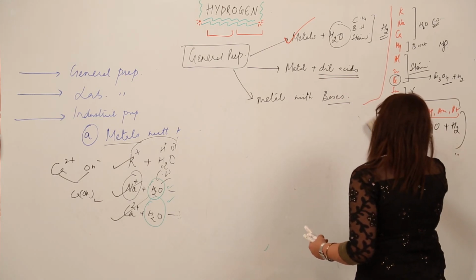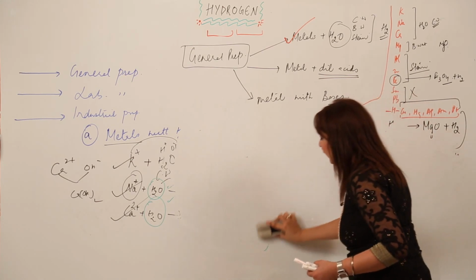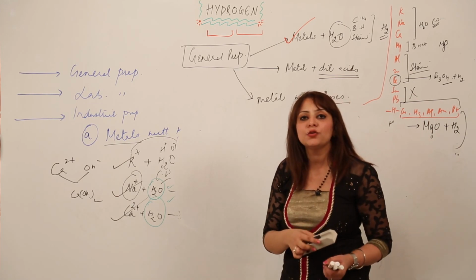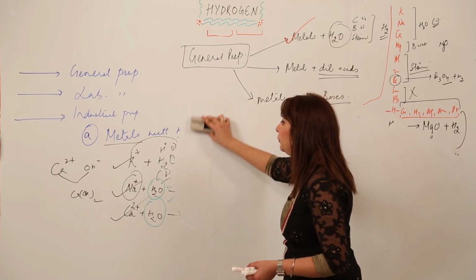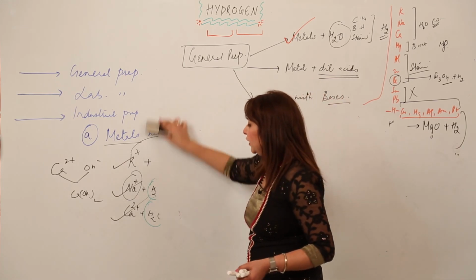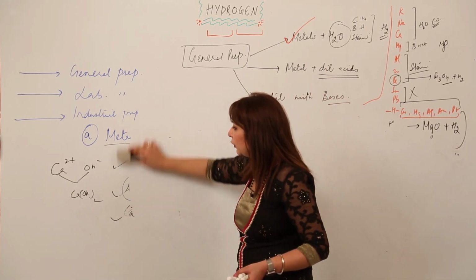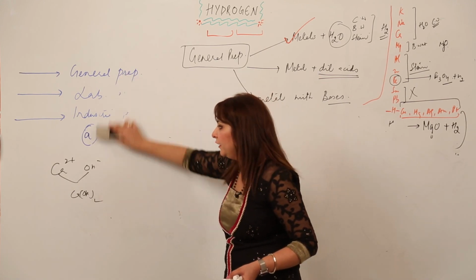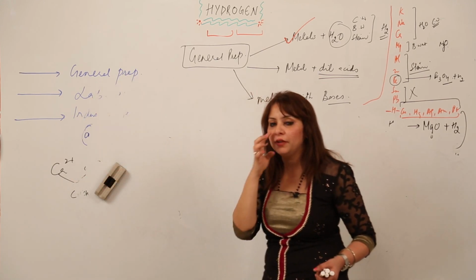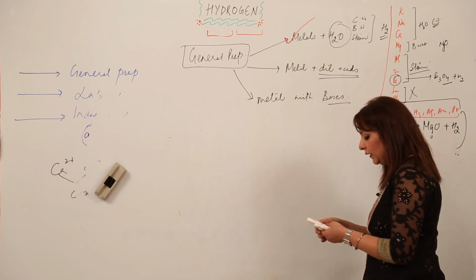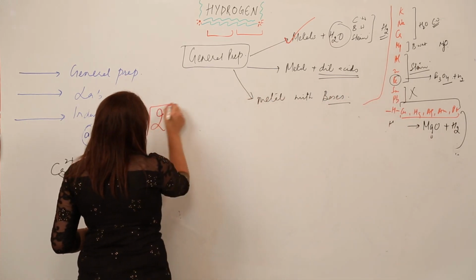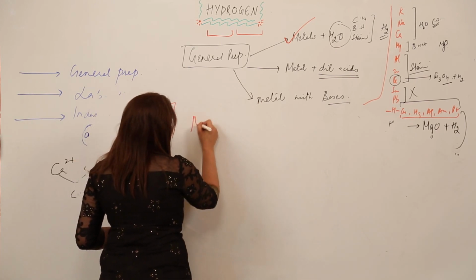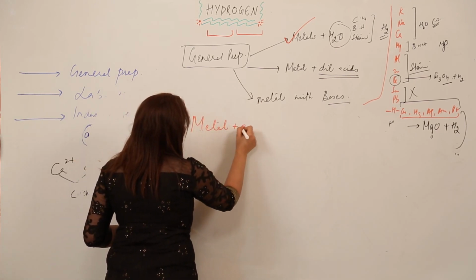The reaction happens in the same way, displacing the hydrogen and combining with the radicals, the chlorides, fluorides, bromides, leaving hydrogen aside. That means it will lead to the formation of hydrogen as well. I will state this with an example. So the second general preparation we are studying is the reaction of metals with dilute acids.